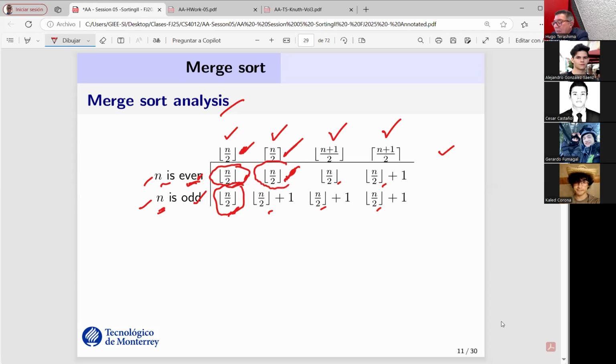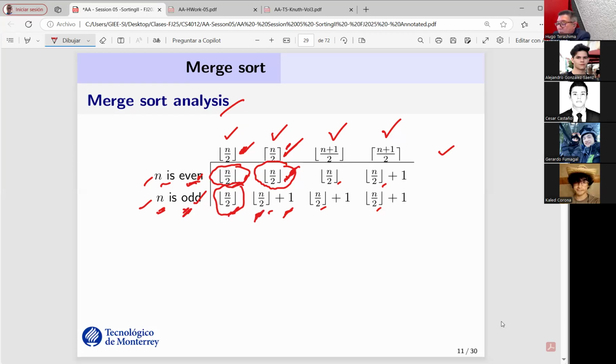You following me? Yes, professor. All right. But if n is odd, and you apply n over 2 ceiling, what are you going to get? First you round down the number and then you add 1, right? But here I have the term n over 2 floor.